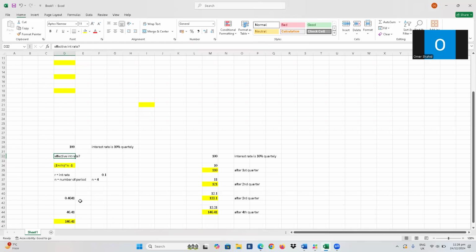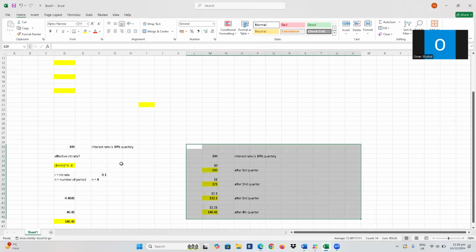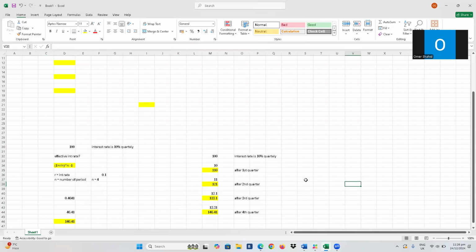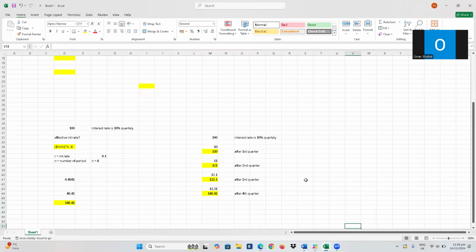We add that $46.41 to our principal amount, which is 100, and we get $146.41. So I hope it's clear what compounding means, and how we calculate effective interest rate through a formula, a shortcut.